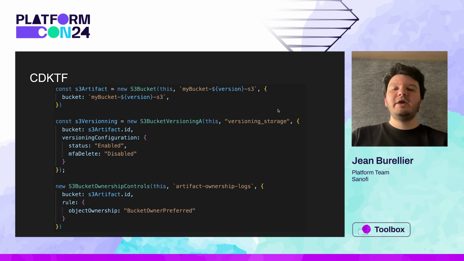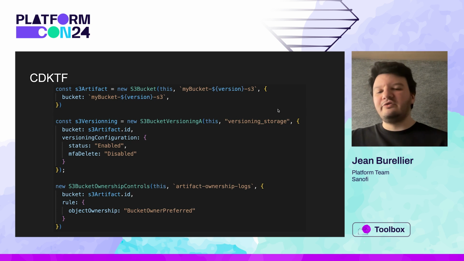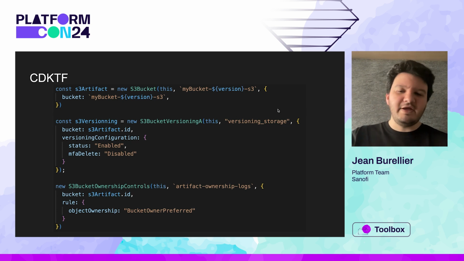In the same way here, if we go through creating at least one service on AWS, you instantiate an S3 bucket, you give it a name, and basically you store that in a variable which you reuse in two other parts of your code, and you create an S3 bucket versioning. So basically you say how your versioning will be configured. In this case it's enabled, and for the deletion part, there is no need for an MFA.